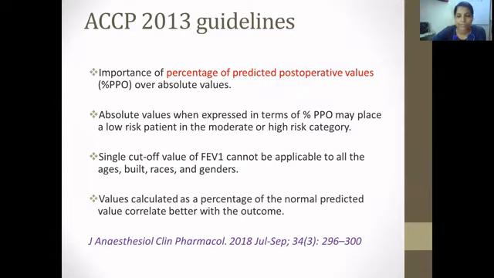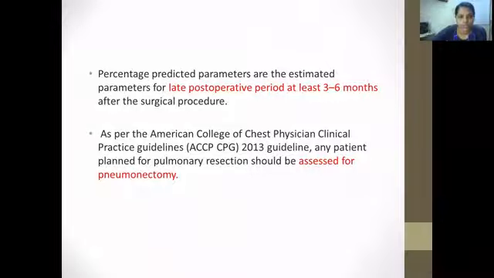A single cutoff of FEV1 cannot be applicable to all ages, builds, races, and genders. Values calculated as a percentage of normal predicted value correlate better with outcome. Percentage predicted parameters are estimates for the late postoperative period, at least 3 to 6 months after the surgical procedure.